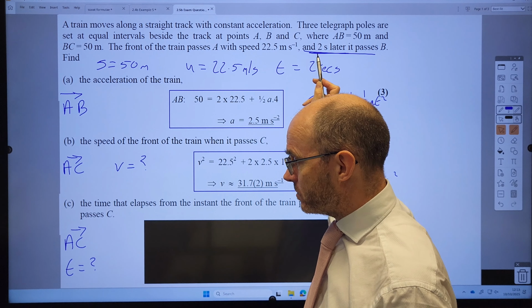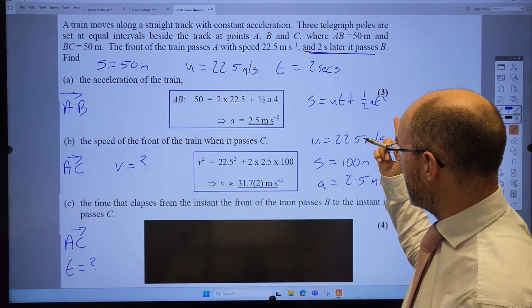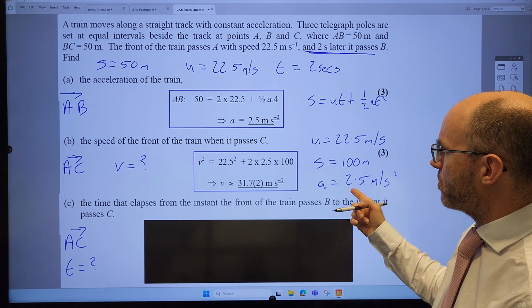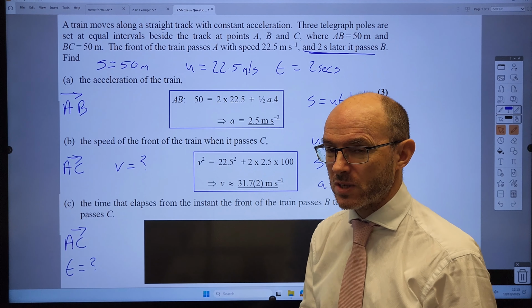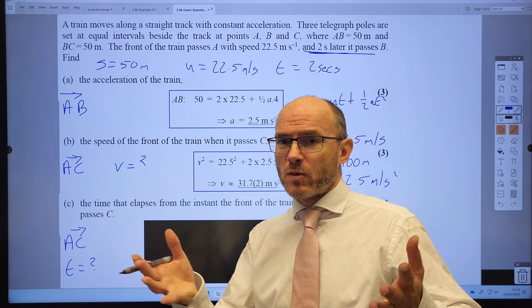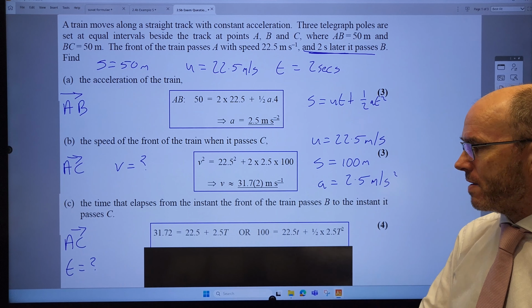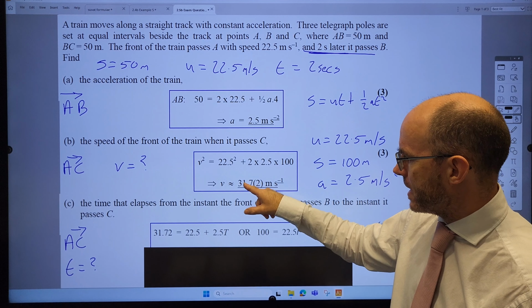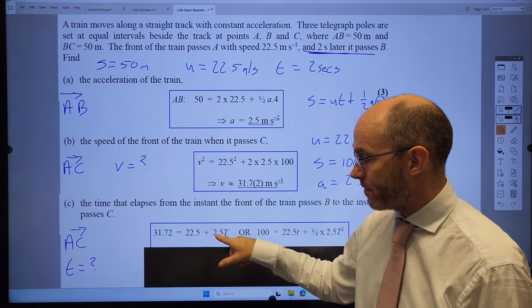So I can use any bit of information now. I've got u still is 22.5, s is 100 metres, acceleration a is 2.5, and I know the velocity v when it passes through C. So I've got lots of different options, and consequently there's more than one way of doing it. You can use v equals u plus at, where v is that, u, as we know, is 22.5, and a, so we can use that if you wish.